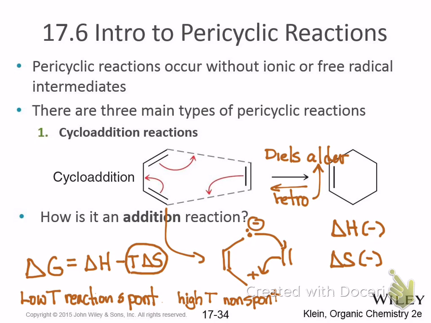So you take a system that looks like this with a pi bond, and you heat it to high temperatures, and you can force that ring to break apart in what's called the retro Diels-Alder reaction. Generally speaking, the temperature is pretty high, because usually the product is so much more stable than the reactants.